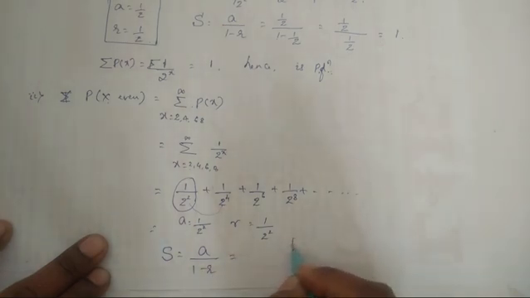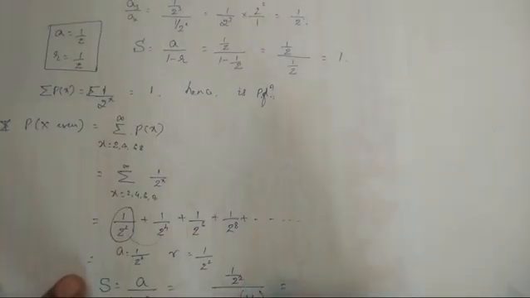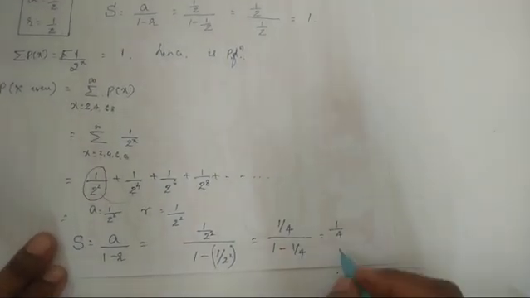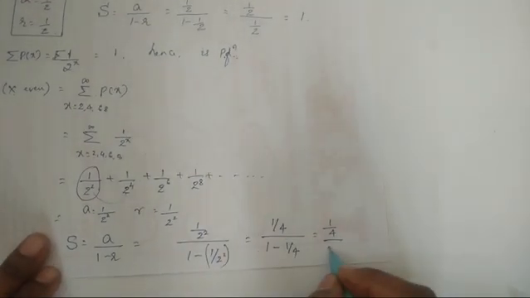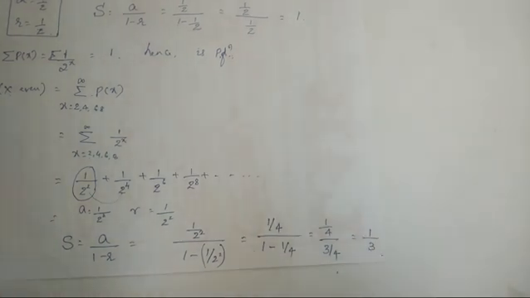A is 1 by 2 square divided by 1 minus 1 by 2 square. 1 by 2 square is 1 by 4, divided by 1 minus 1 by 4, which is 3 by 4. This is equal to 1 by 3.